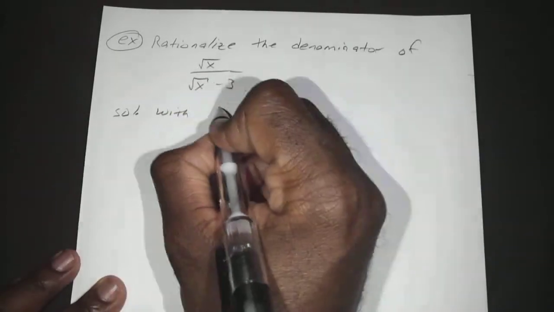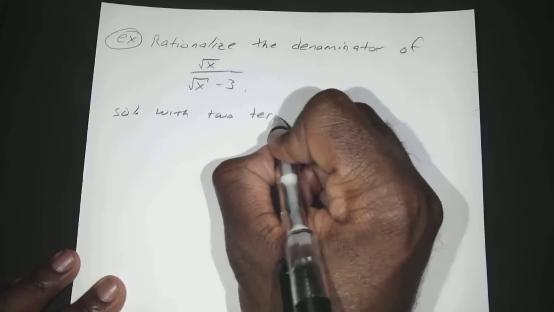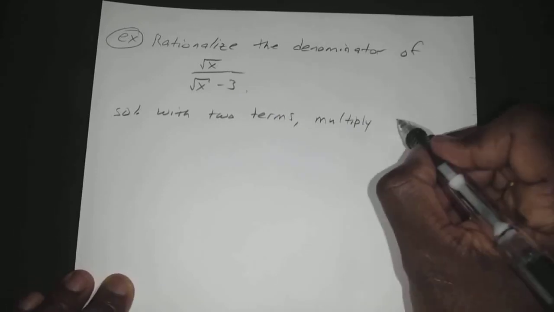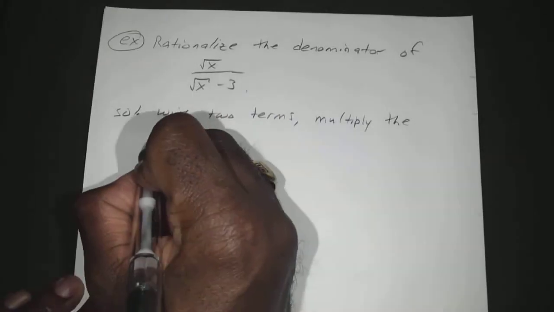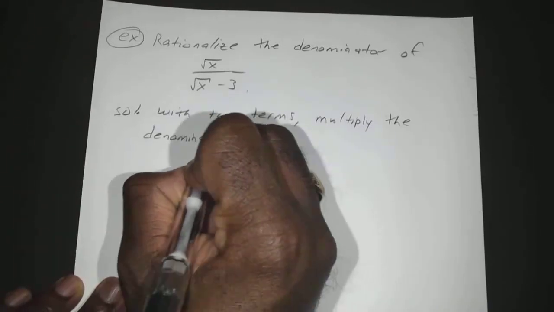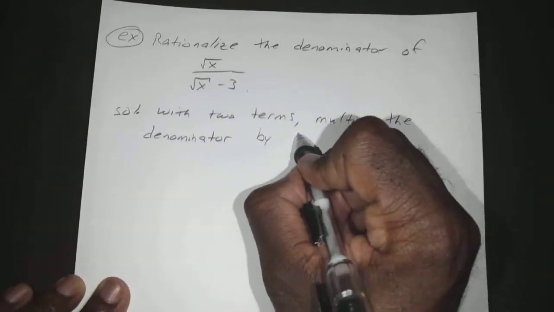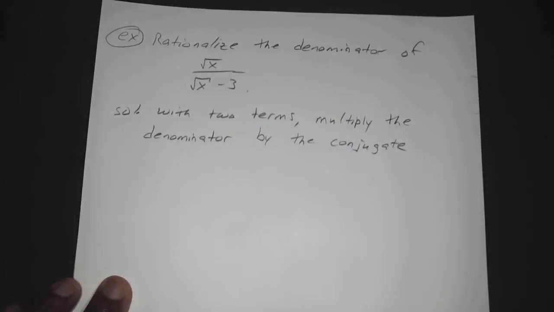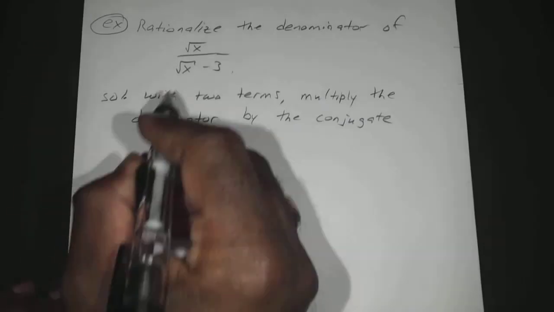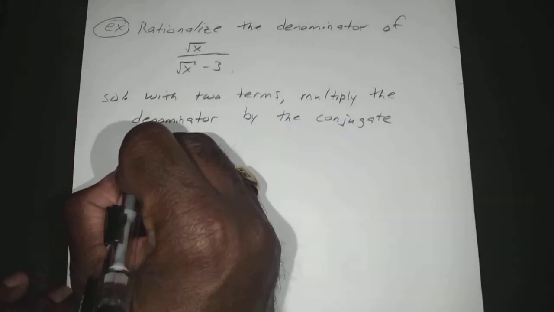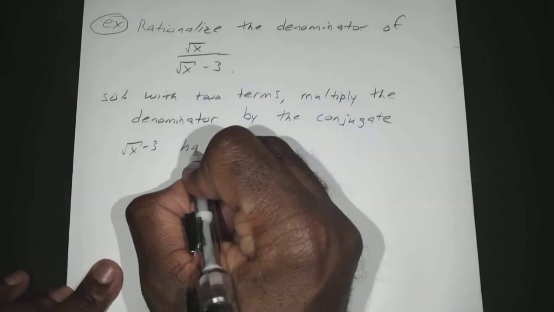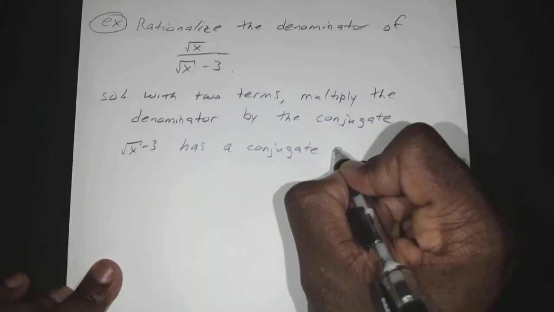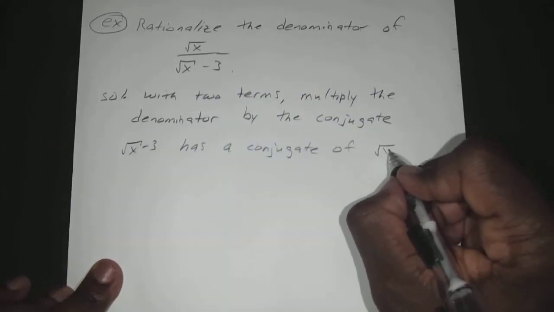Okay, so with two terms, multiply the denominator by the conjugate. Okay, so that means square root of x minus 3 has a conjugate of square root of x plus 3.